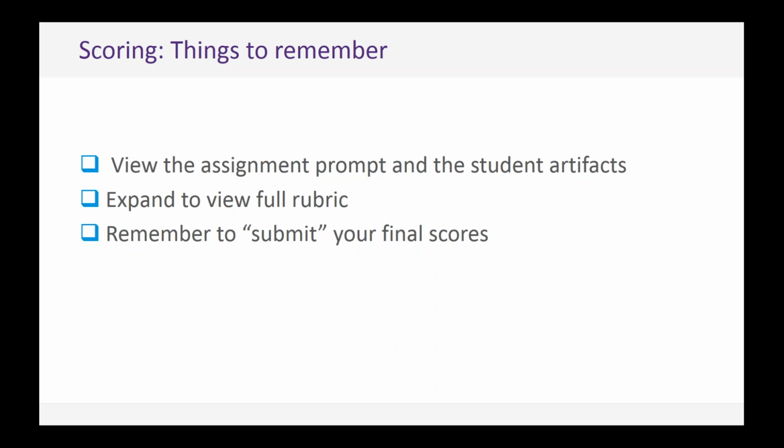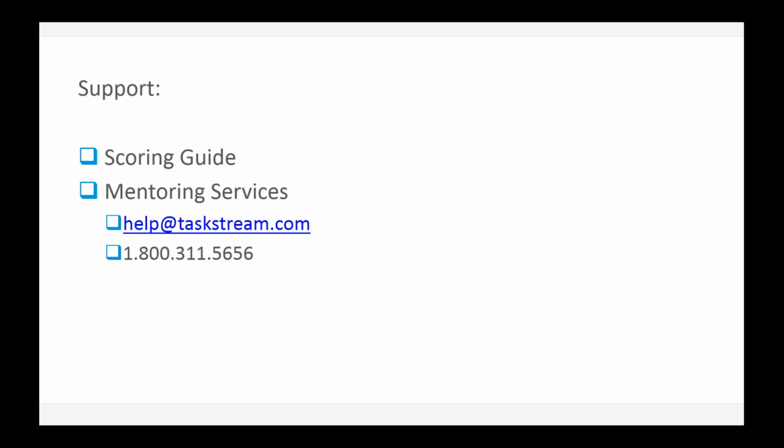You also have the rubric bar along the bottom of the screen that you can expand to view the full rubric. And again, you have to remember to submit your final score for these to be counted. We will be providing a scoring guide, a PDF version, as well as the recording of this webinar. You also have support from our mentoring services team that you can contact either by email or by telephone.